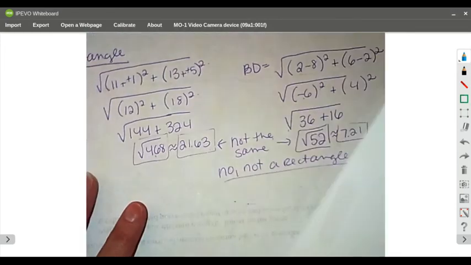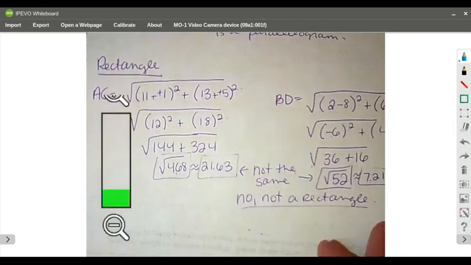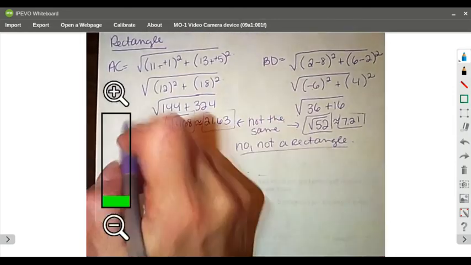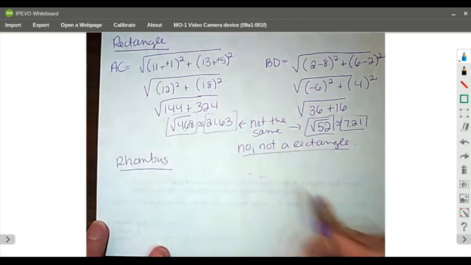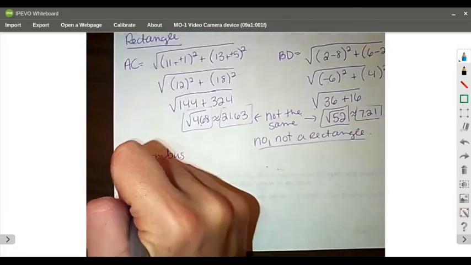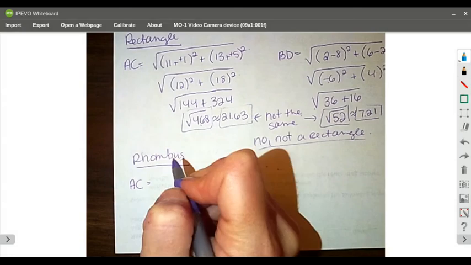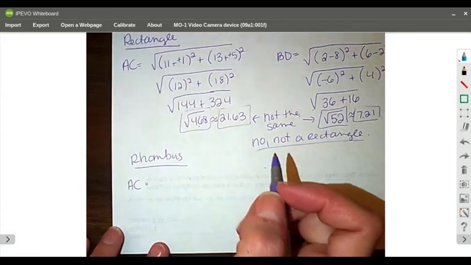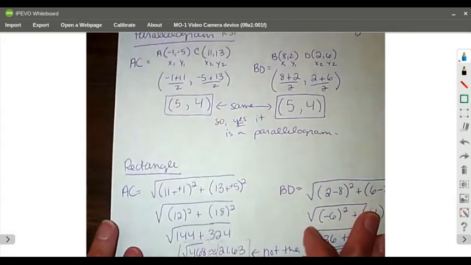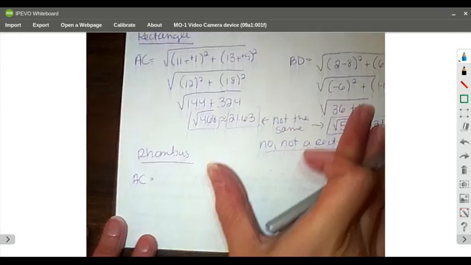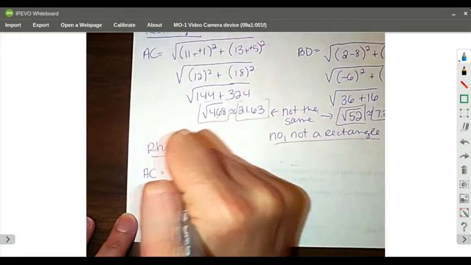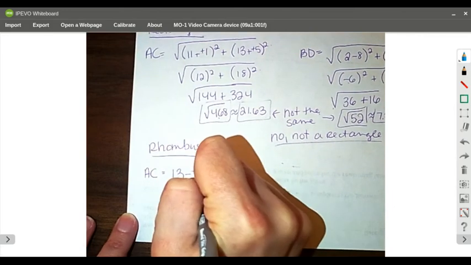So now I'm going to come back to my example, and I'm going to do the rhombus test. Okay, so for AC, remember that it's y2 minus y1. So again, I'm using this up here, y2 minus y1, 13 minus -5 over x2 minus x1.